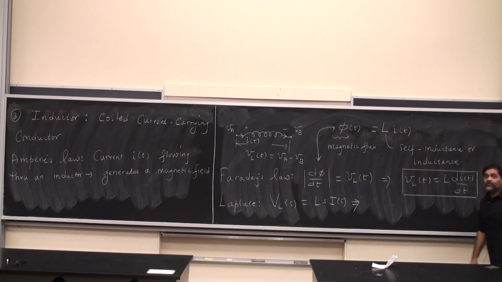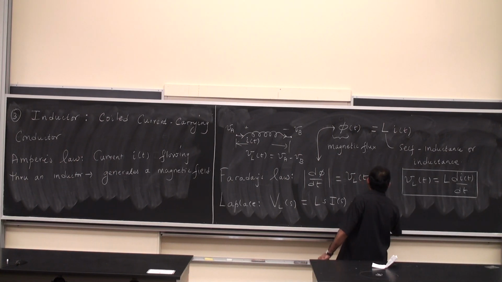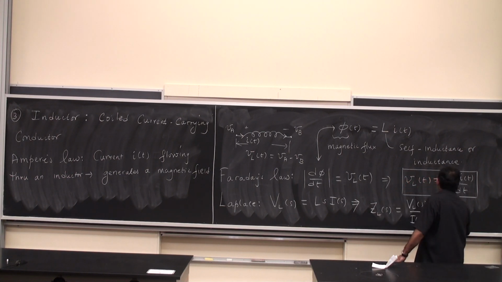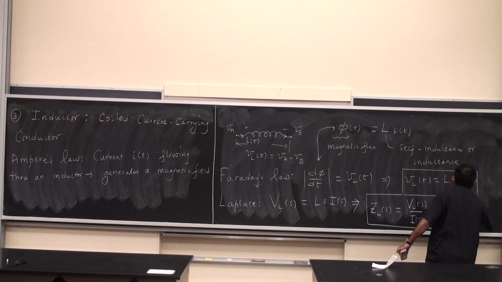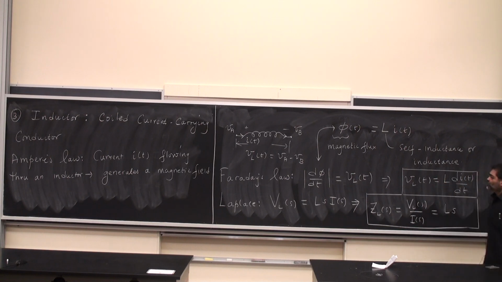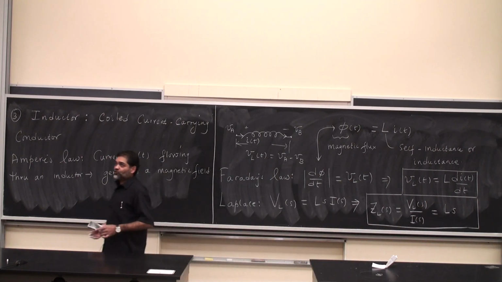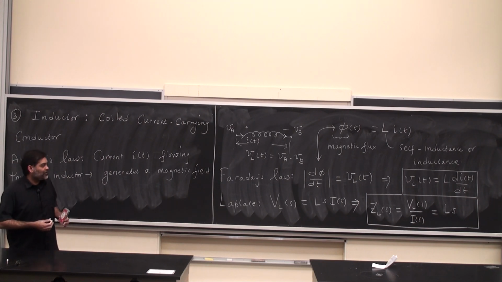And so I can define the impedance of the inductor as ZL equals VL over I, and this is Ls. As you see, this is a sort of transfer function, right? I have the current entering, and then there is a potential drop, and the relationship between the potential drop and the current through that element is an electrical impedance quantity.